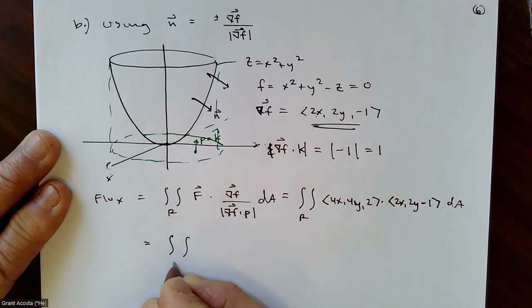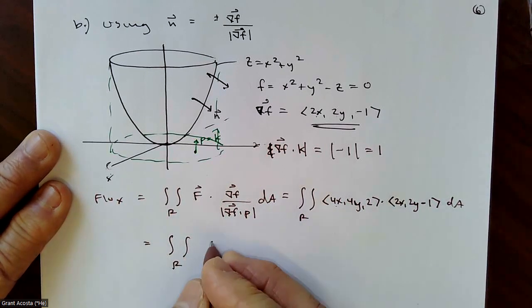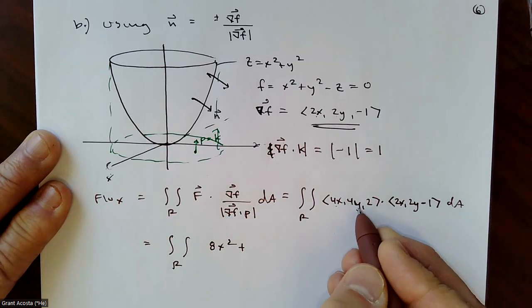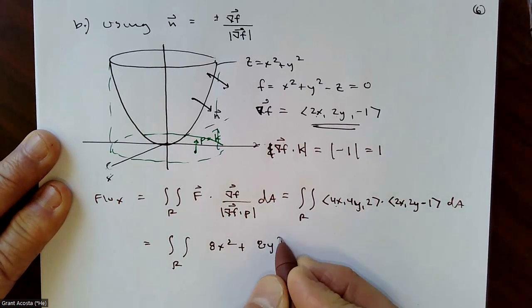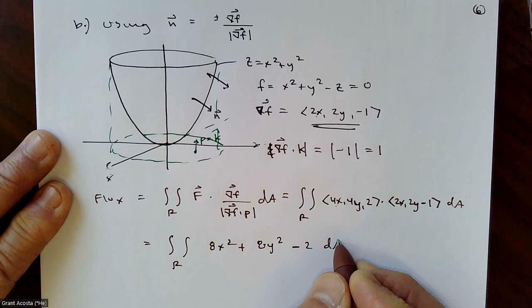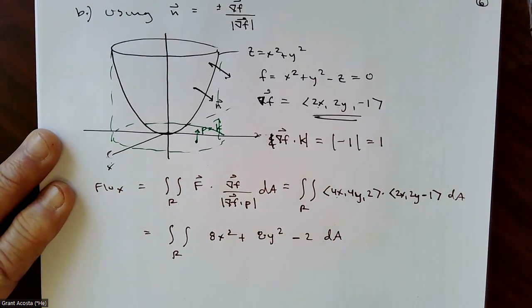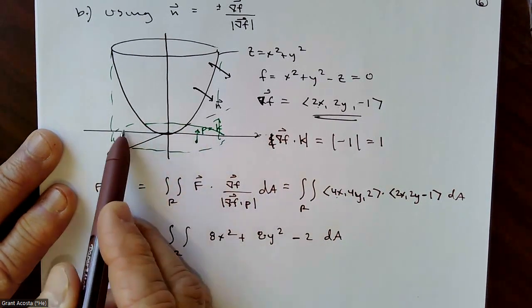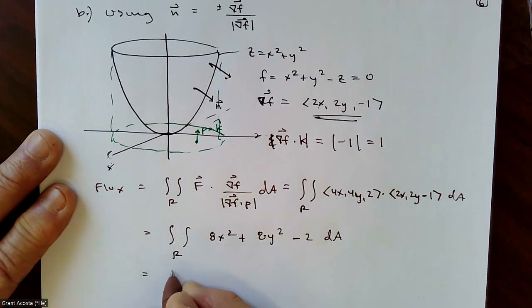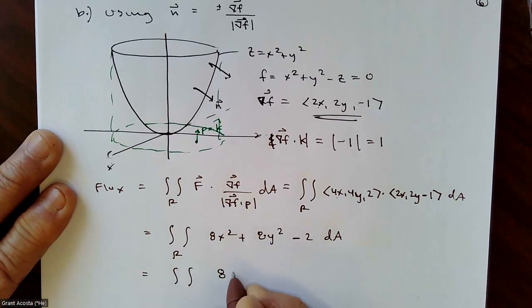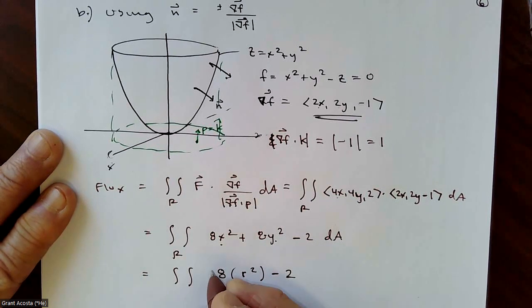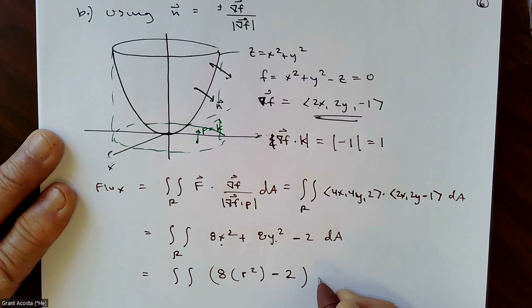And that leaves me with 8x squared plus 8y squared minus 2. Now we'd want to integrate this in polar because we've got this circle. So if I factor out the 8, x squared plus y squared is r squared minus 2. And if I was doing this in polar, there would be an r dr d theta.